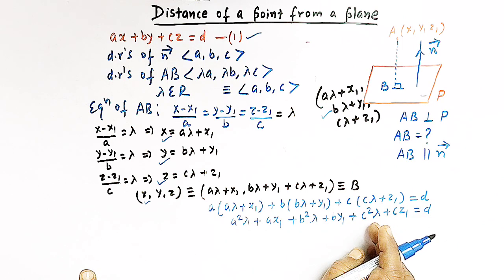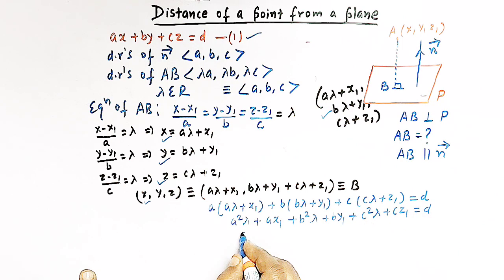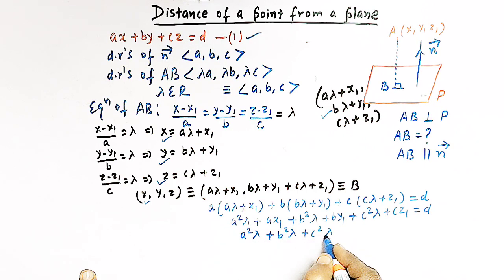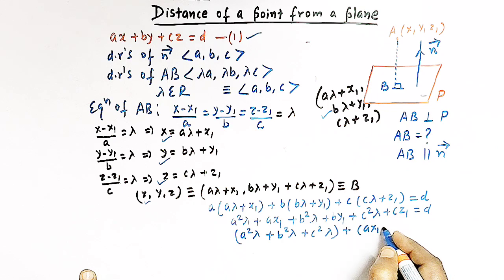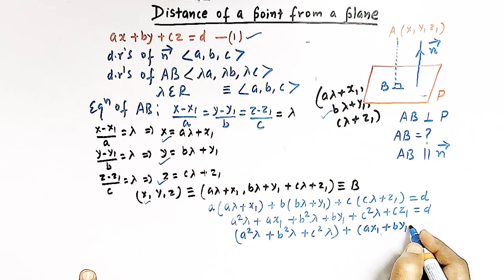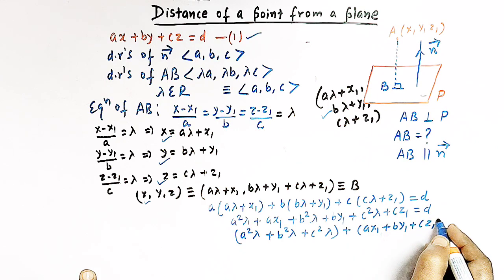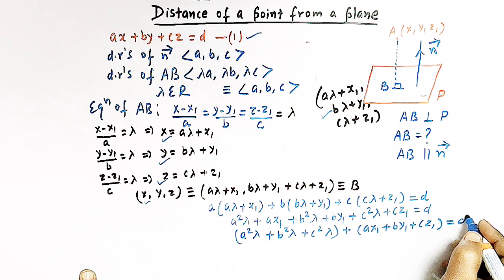So let us collect the terms here. So we have a square lambda plus b square lambda plus c square lambda, and then we have these terms, that is ax1 plus by1 plus cz1 is equal to d.